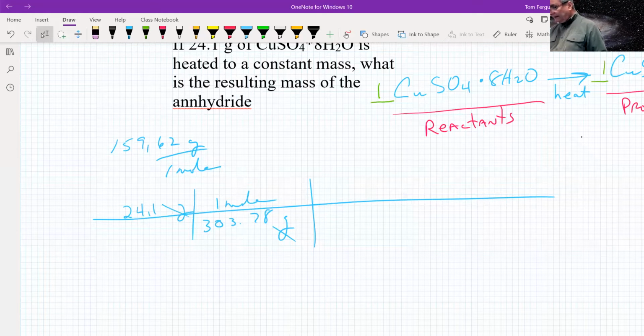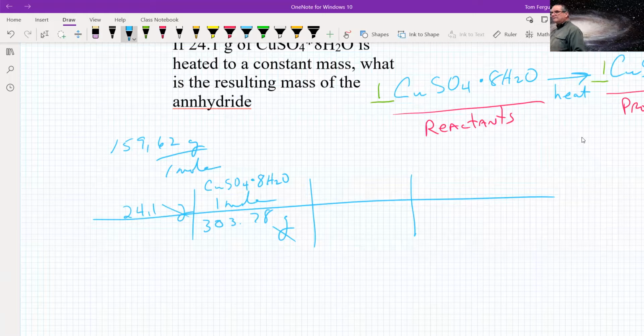So this is going to give us moles of the hydrate. And we're going to get the moles of the anhydride from the balanced equation. And what's that relation to the coefficient? One to one.